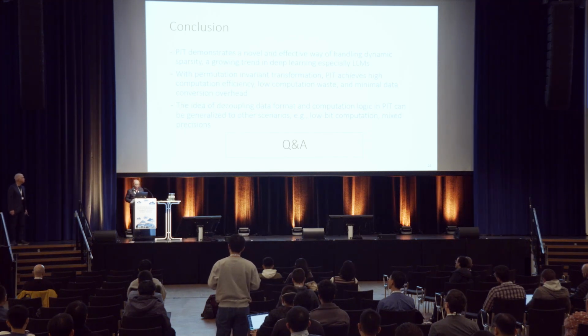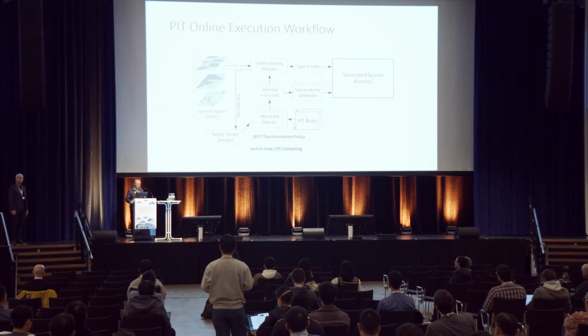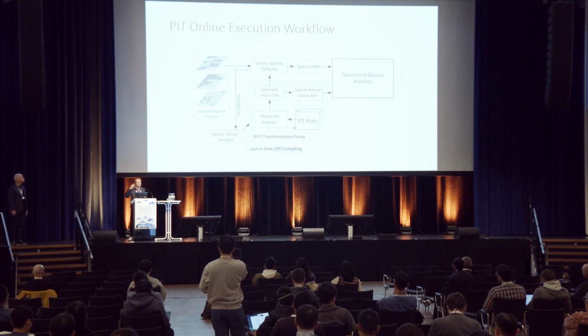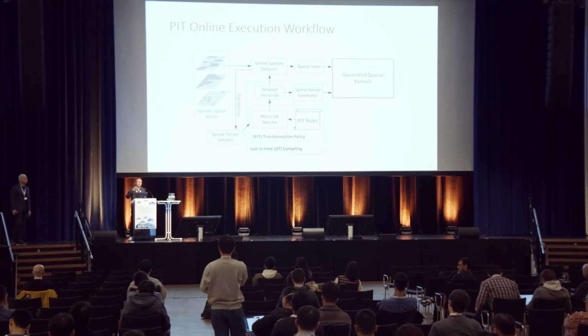Yeah, thanks for your question. Our system can automatically detect. Let's look at this slide. In order to compute the effective computations of sparse tensors, our system has to first discover the non-zero values in the computation on the fly in an online manner.